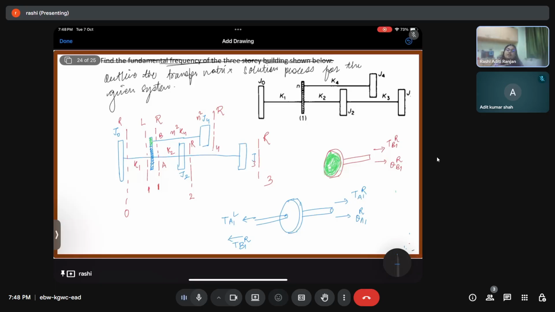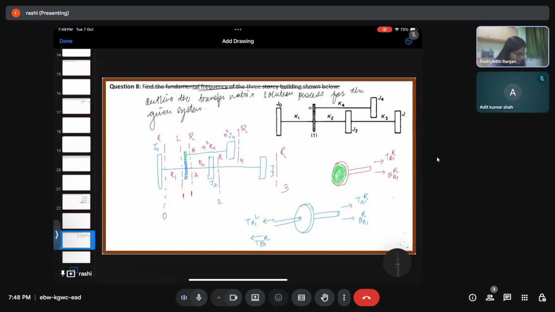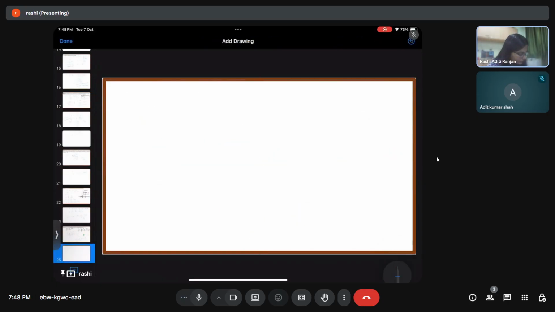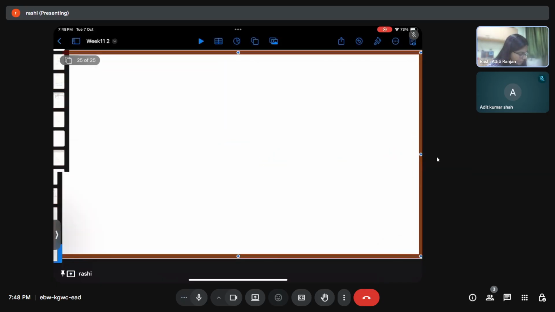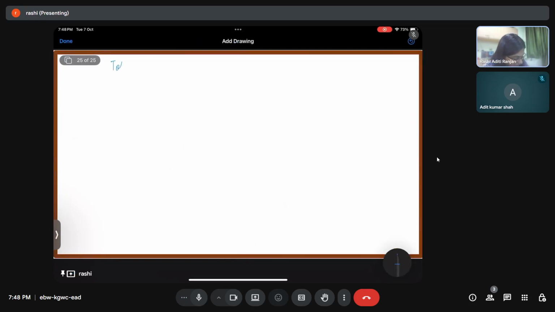So if we consider the torque balance for this system on A, what do we get?